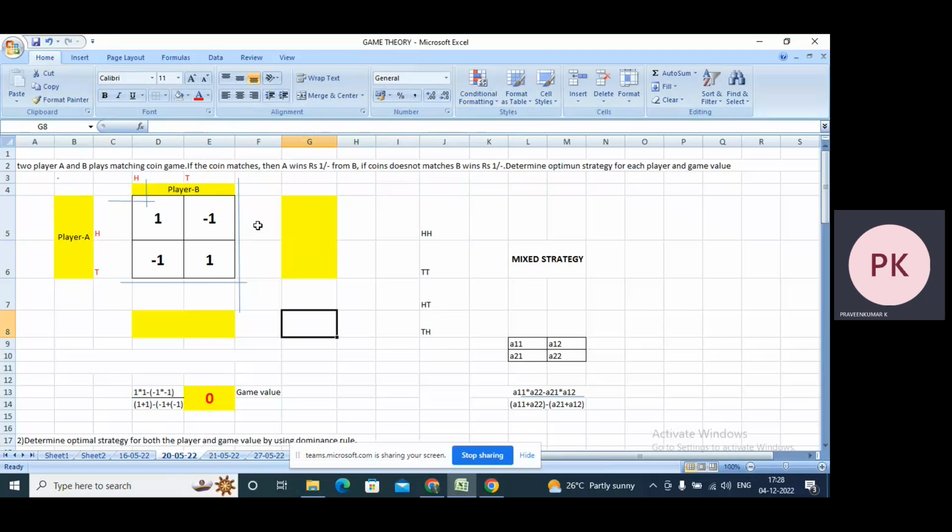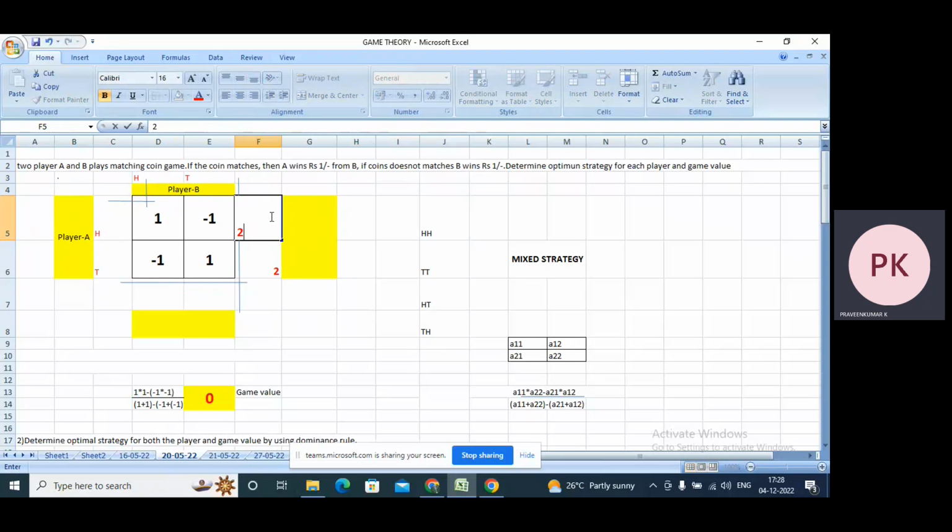So now let us see how to find the optimum strategy for these two players, A and B. Before that, I'll calculate 1 minus of minus 1. So that is 2. I'll write it in the second row. Similarly, for this one, 1 minus of minus 1 is 2.